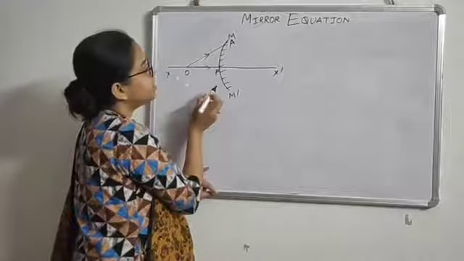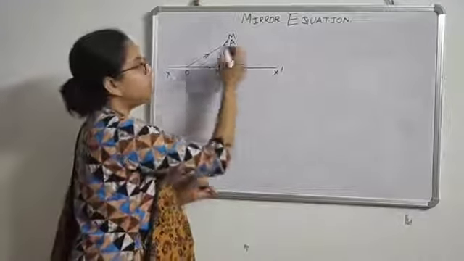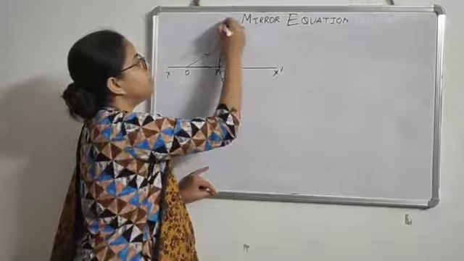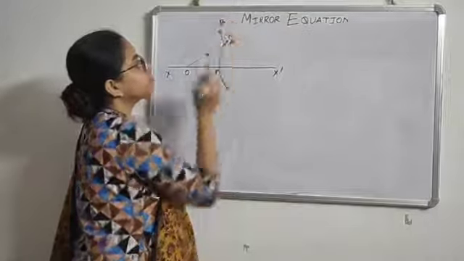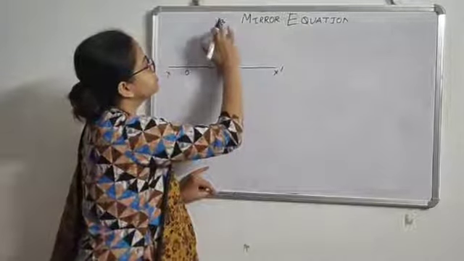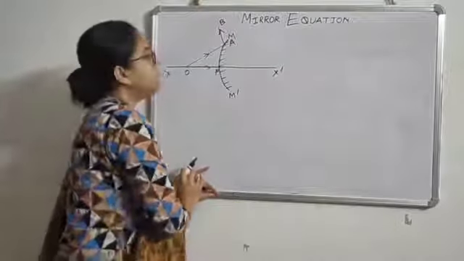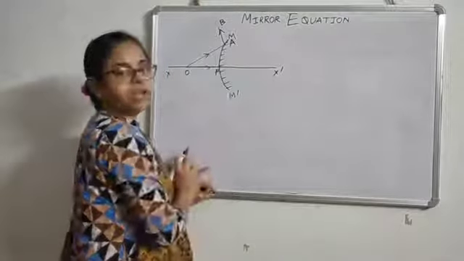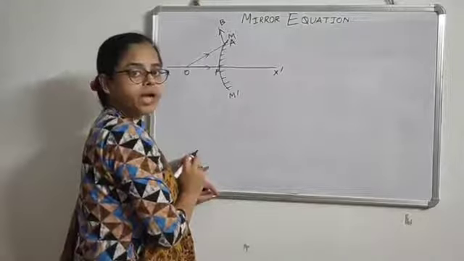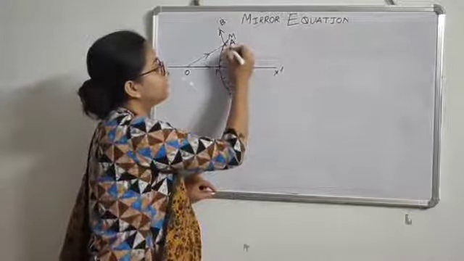Now, the reflected rays are PO and AB. These two reflected rays will meet at the point O dash when they are produced backward.